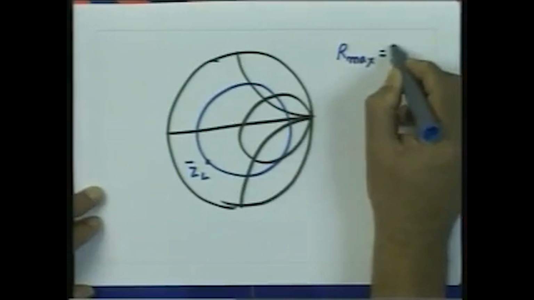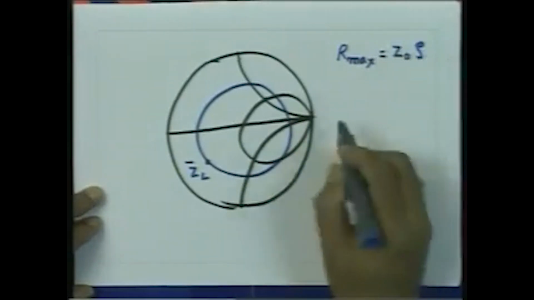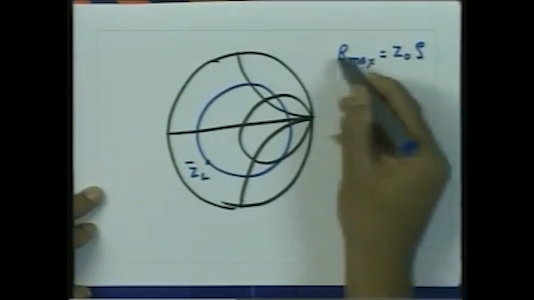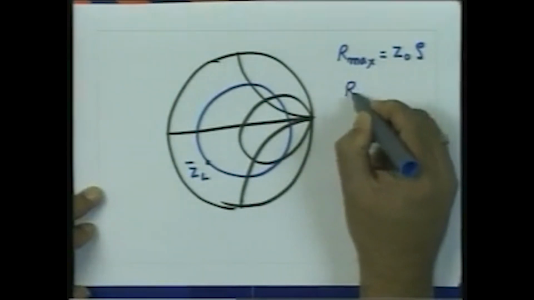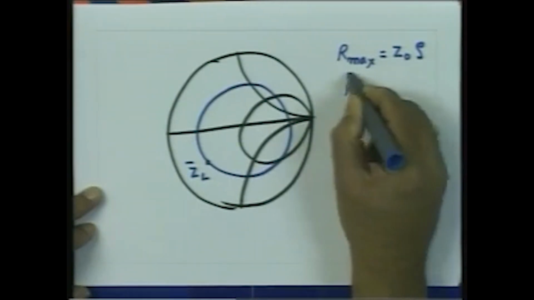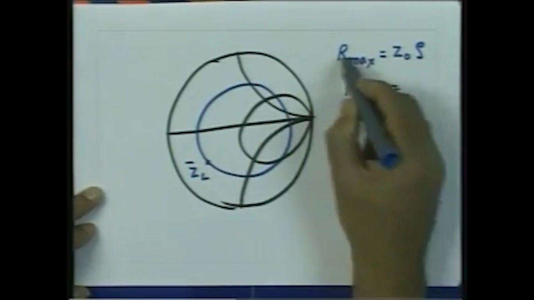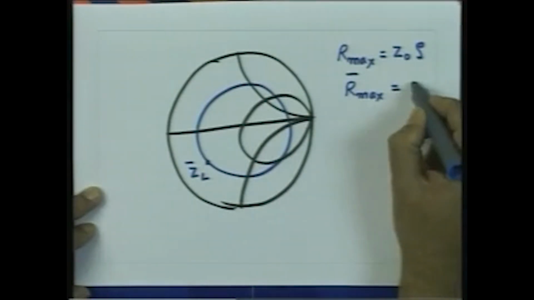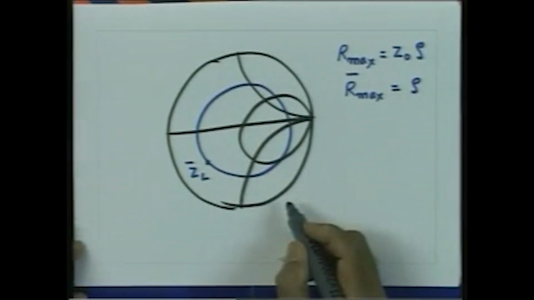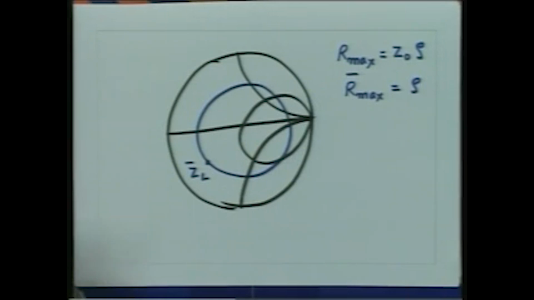So, we have R max which you see on the line, which is equal to Z0 into the VSWR, or in terms of normalized quantity, R max normalized, that is R max divided by Z naught, is equal to rho. So, the maximum value of the resistance in terms of normalized quantity is nothing but the VSWR.